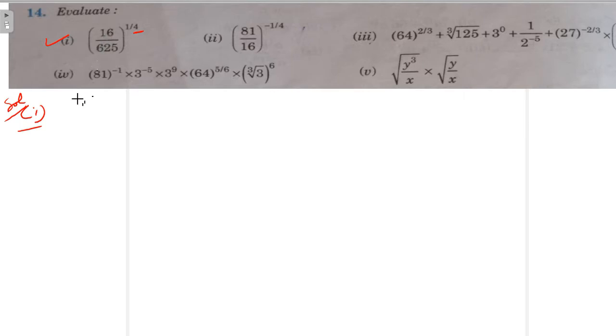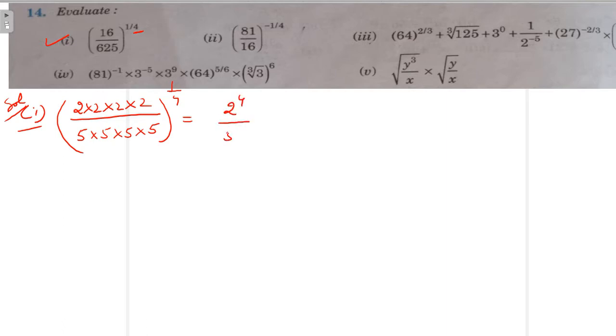So 16 we can write as 2 to the 4, and 625 can be written as 5 to the 4. So the whole raised to power 1 upon 4 becomes 2 raised to power 4 upon 5 raised to power 4, raised to 1 upon 4, which is 2 raised to power 4 times 1 upon 4 upon 5 raised to power 4 times 1 upon 4.